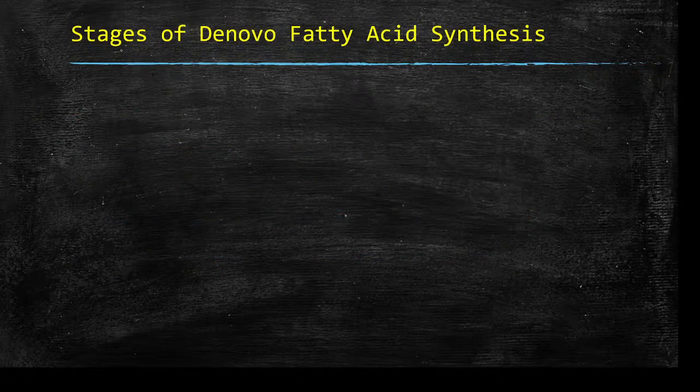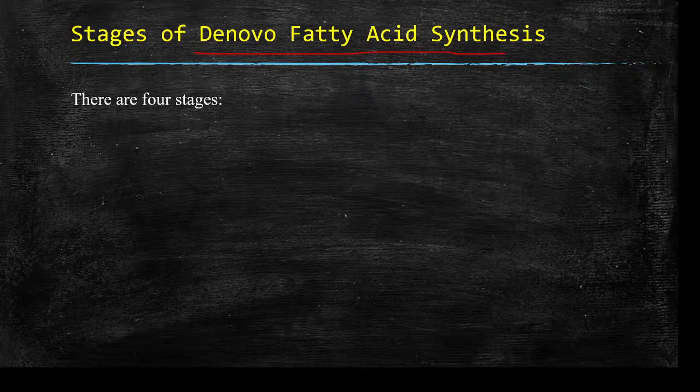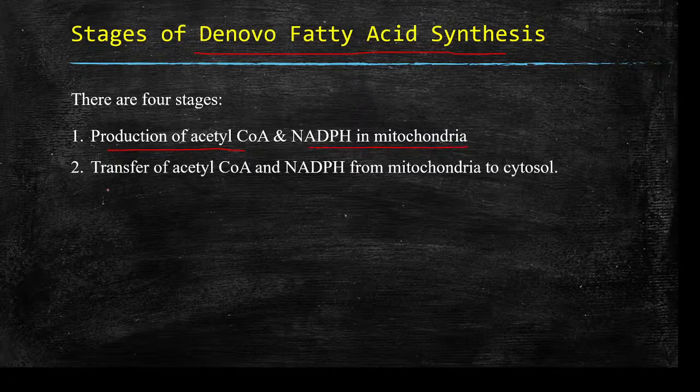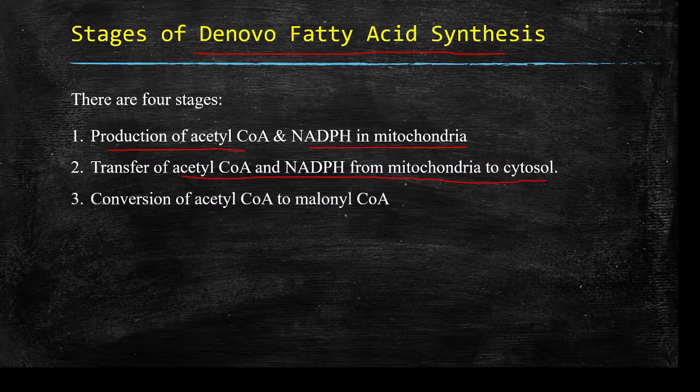Okay, so the stages of de novo fatty acid synthesis. There are 4 stages. The first is production of acetyl CoA and NADPH in mitochondria. The second is transfer of acetyl CoA and NADPH from mitochondria to cytoplasm. The third is conversion of acetyl CoA to malonyl CoA.